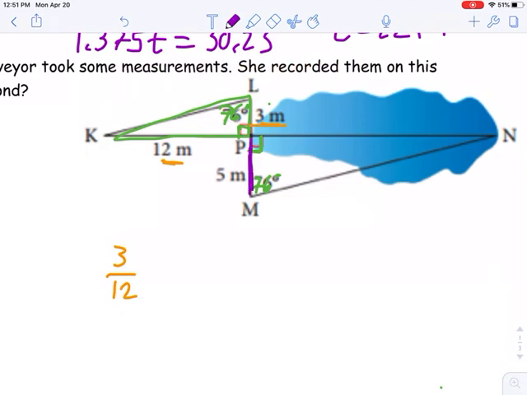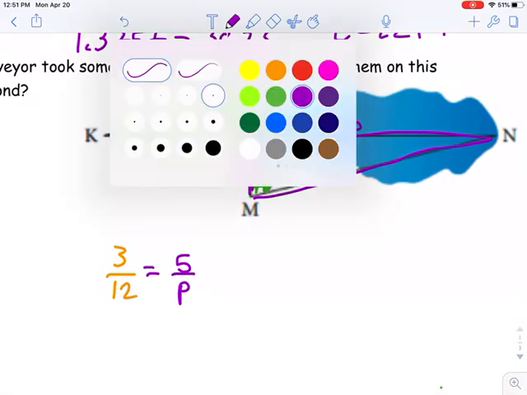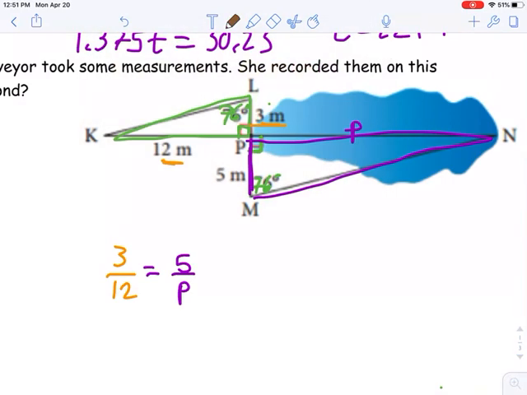Now, what corresponds to 3? It's the 5 in this bottom triangle. Those are the corresponding parts. And then we want the length of the pond. We don't know that, so that's going to be 5 over P. Again, setting up this proportion, it's the hard part. If you can do it, excellent shape. All right, the pond's going to be 20 meters.